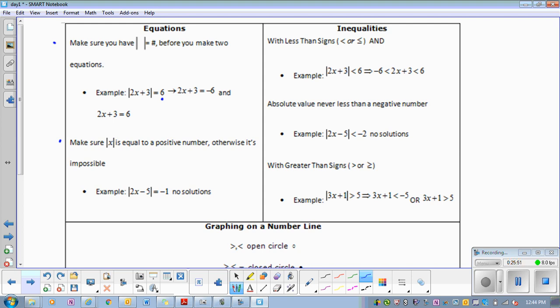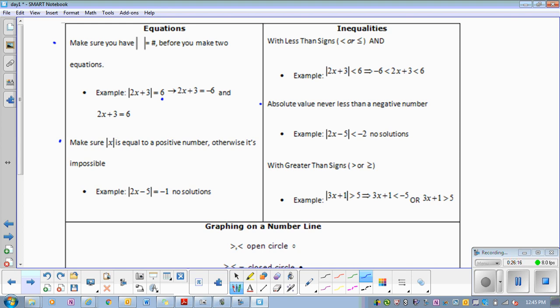The second one, you flip the sign, you make the number the opposite. So remember, the absolute value can never be less than a negative number, right? Because absolute value is always positive. So these are the no solutions or the all real numbers exceptions here, okay?